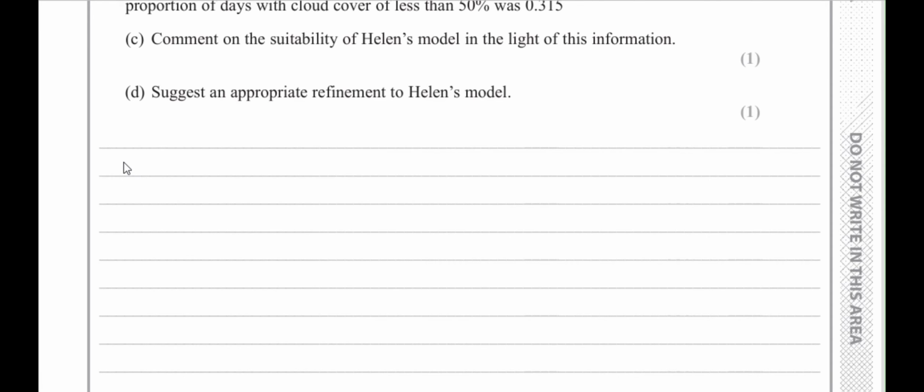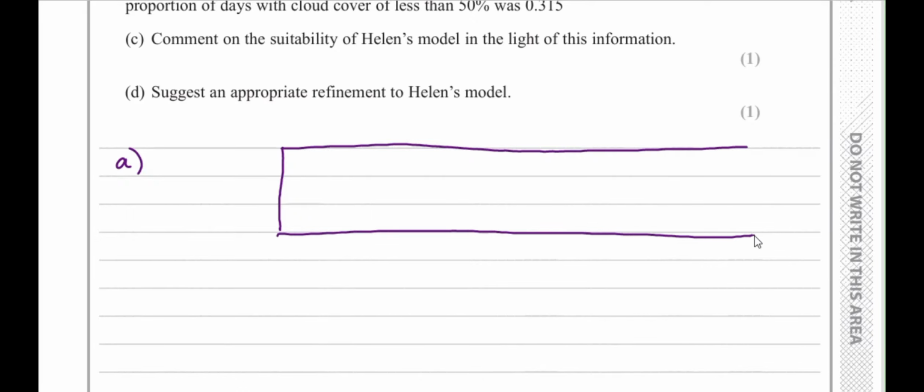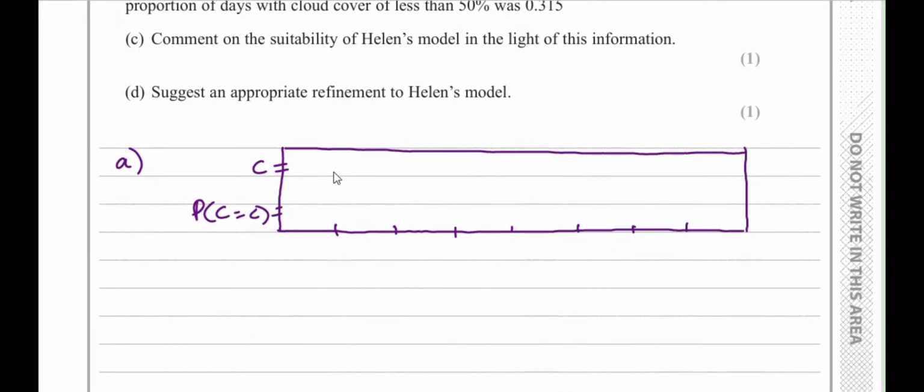So in a tabular form, if we represent the uniform distribution, we could write a table, and we have been told that it should be C, and the probability of C being a particular value. So if I divide this table into 8 equal parts and include 1 more to represent this 0 cover, we can distribute it like this.